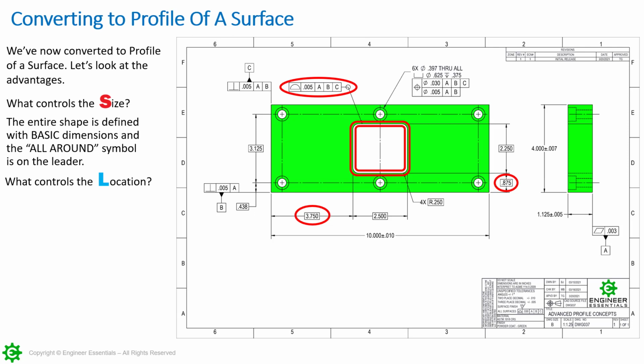Oftentimes, people will tell me, or anybody else at our company, that profile tolerancing complicates things. It makes it more complicated. And that's not true. When it gets complicated is when you have complicated geometry. But on this right here, this is very simple. Nothing complex about this. We can definitely manually measure this.